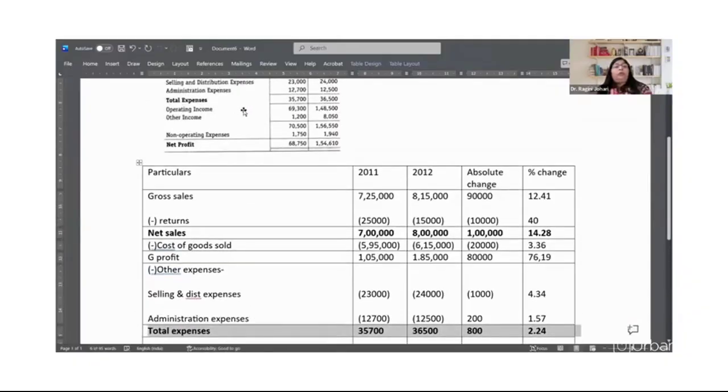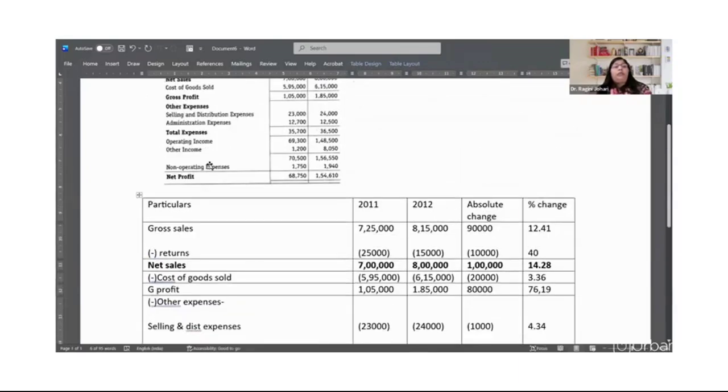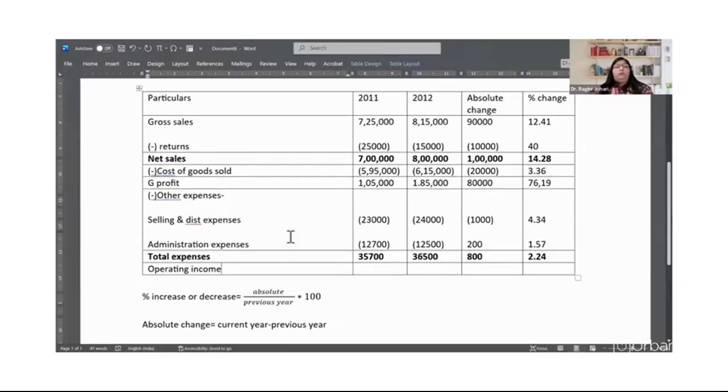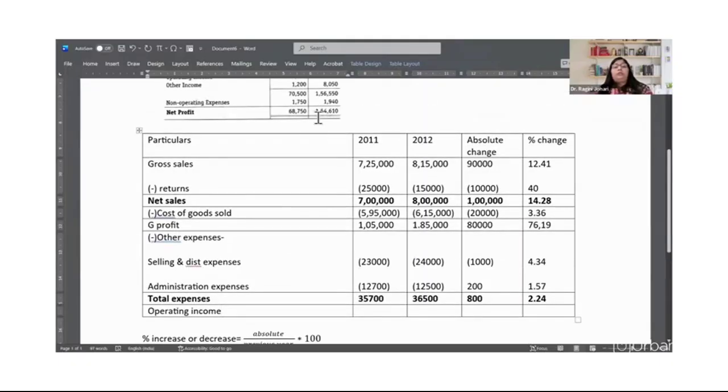Now if we subtract total expenses from net sales, what do we get? Operating income. Operating income is how much? 69,300.